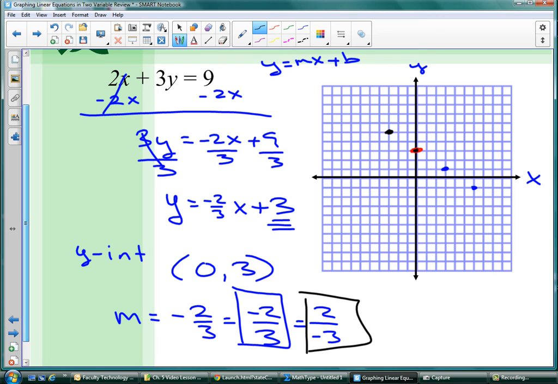I did more points than you have to do. You only need 2. 3 makes your line more accurate. 4 makes it even more accurate than that. I make sure I connect all of the points that I had before. And you can actually see how this is the same exact line that we had before because it crosses at my x-intercept halfway between 4 and 5. So I've completed this and I've graphed both of them.